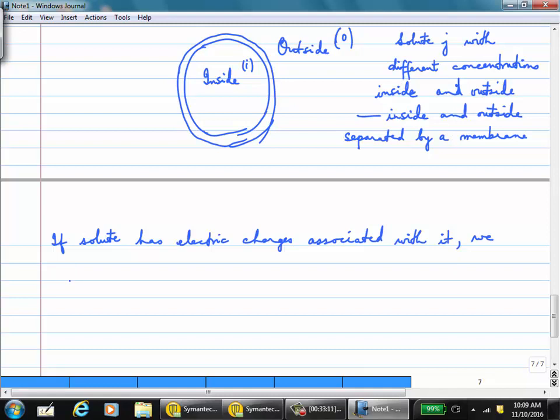So it's going to take the chemical potential, but in addition to that, even the effect of electricity has to be taken into account, the charge differences. So we need to consider the electrochemical potential both inside and outside this cell.